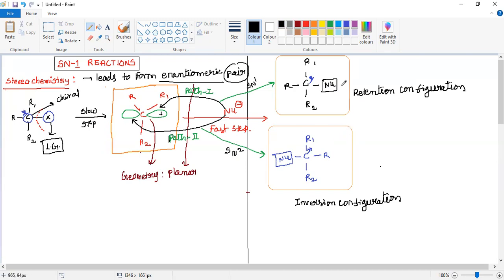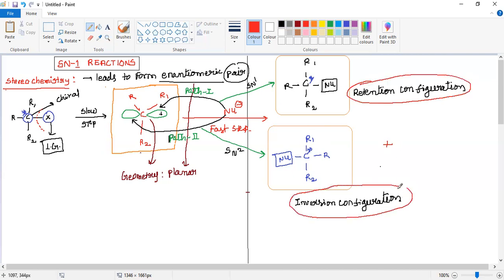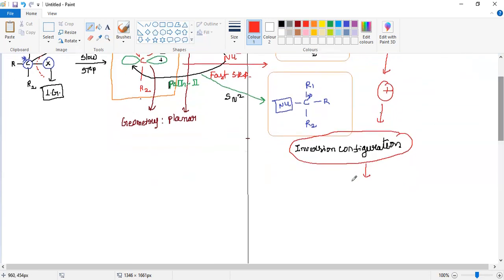ఇంకా to say clearly, ఈ mixture, అంటే ఈ retention configuration అండ్ inversion configuration, ఏంటది? The retention as well as inversion configuration, ఈ mixture నే, yes this one, yeah, simply we can say, ఏమంటామట, that mixture is said to be racemization. ఏమంటాం? What is that, simply we can say as what?